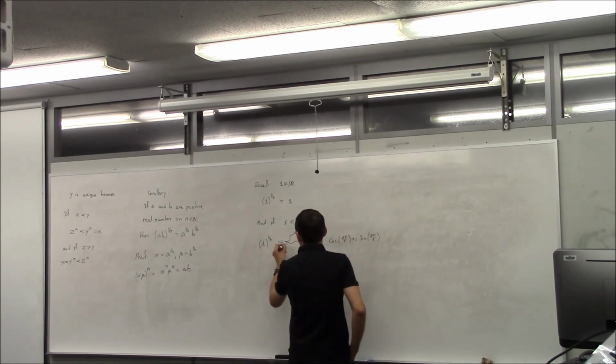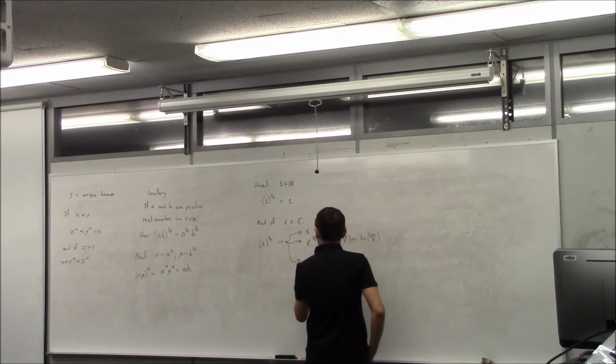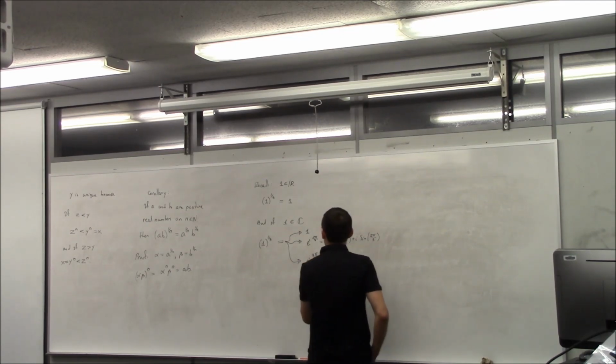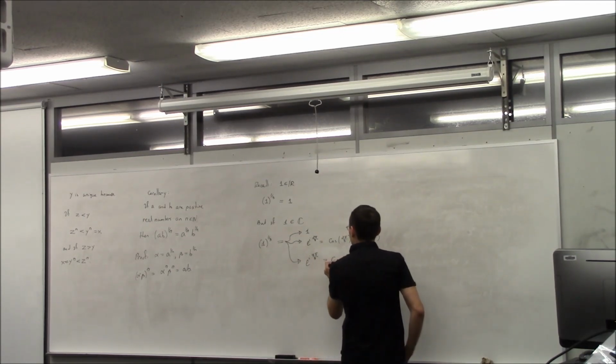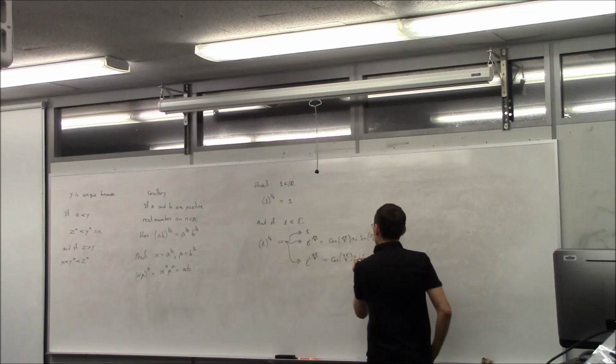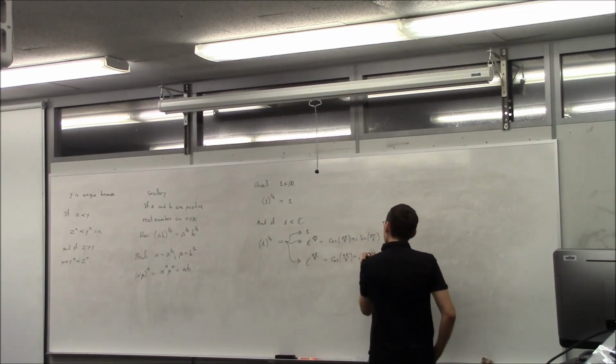And the other possibility is e to the i 4 pi over 3, and that equals cosine of 4 pi over 3 plus i sine 4 pi over 3.